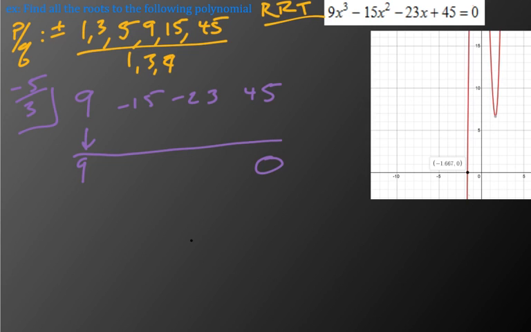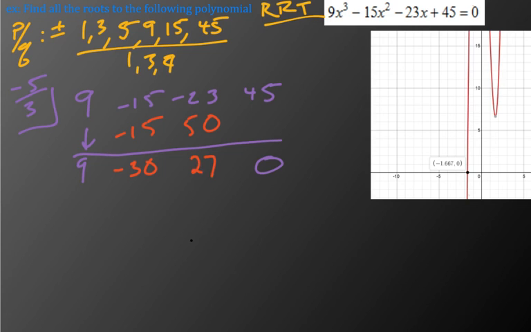So if you go through and do all that, 9 divided by 3, so I'm just multiplying these two. 9 divided by 3 is 3. 3 times negative 5 is negative 15. So when I add those, I get negative 30. Negative 30 divided by 3 is negative 10. Negative 10 times negative 5, they're both negative, it's going to be positive. You get 50. What would that be?